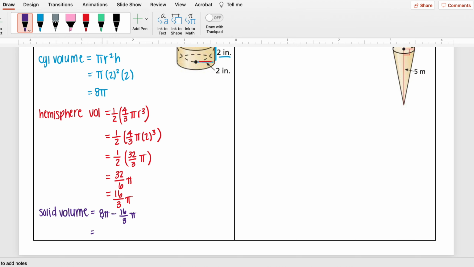And then to get a common denominator, I'm going to multiply 8/1 by 3/3, and I get 24/3 pi minus 16/3 pi. 24 minus 16, I get 8/3 pi. And when I multiply that out, I get approximately 8.38 inches cubed.